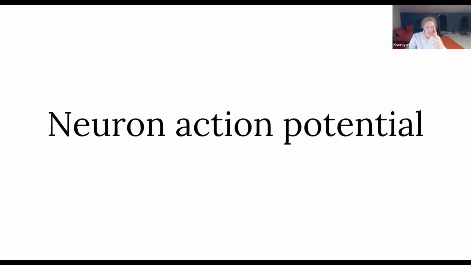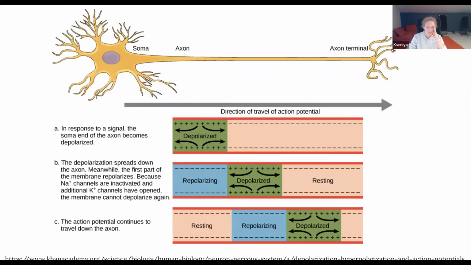Now let's talk about neuron action potential. An action potential occurs when the membrane potential of a specific cell location rapidly rises and falls. This depolarization causes adjacent locations to similarly depolarize.